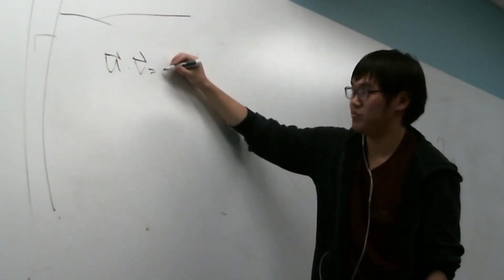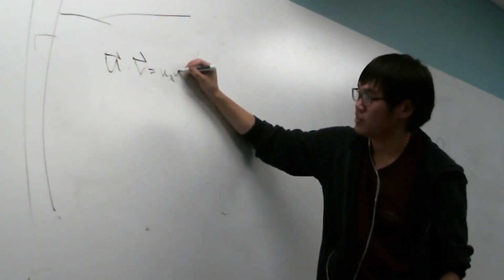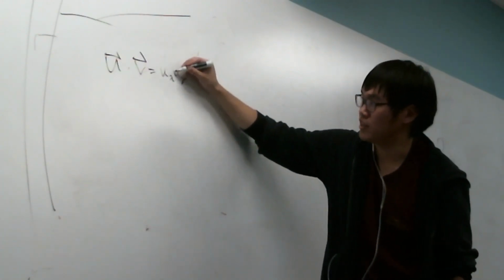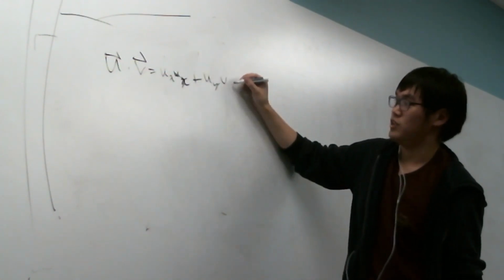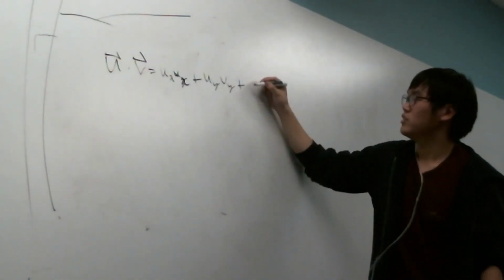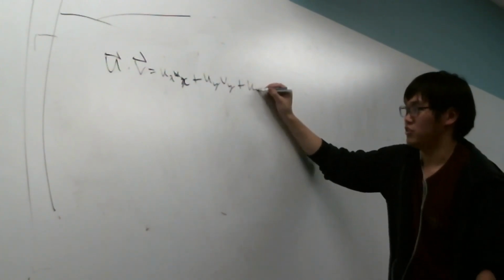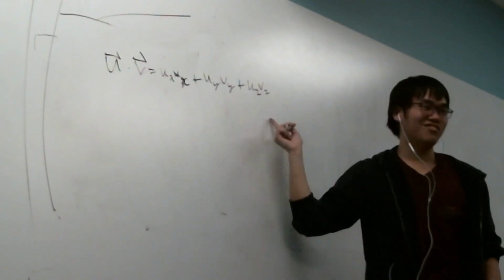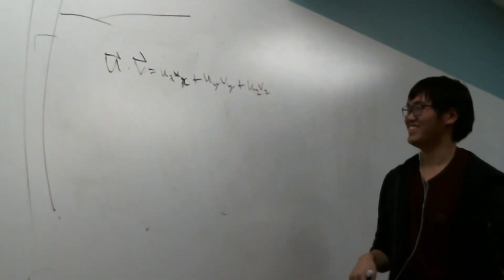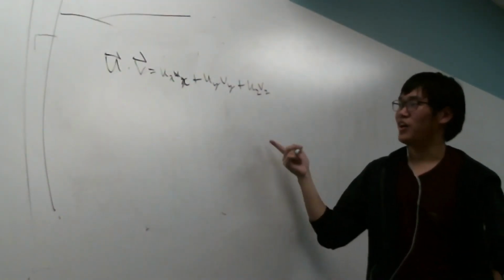So let's say ux times vx, and then uy times vy, plus, in 3 dimensions, uz times vz. But this doesn't make much sense, right? What's that supposed to mean?